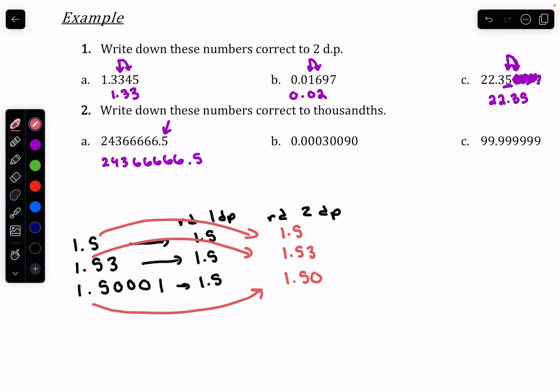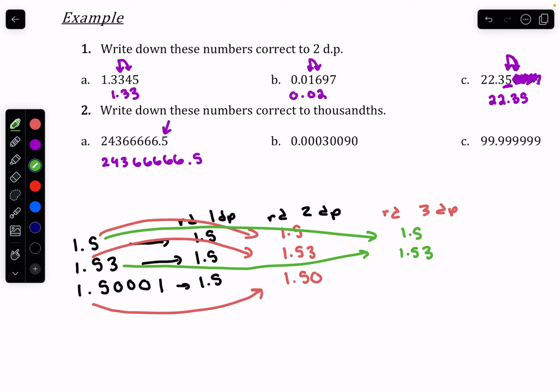Let's go one more place. Let's go 3 decimal places. If I take this 1.5 and round it to 3 decimal places, it's still 1.5. If I take the 1.53 and round it to 3 decimal places, it's 1.53. There's nothing that comes after the 3, so I'm not going to add a 0. There was nothing there.